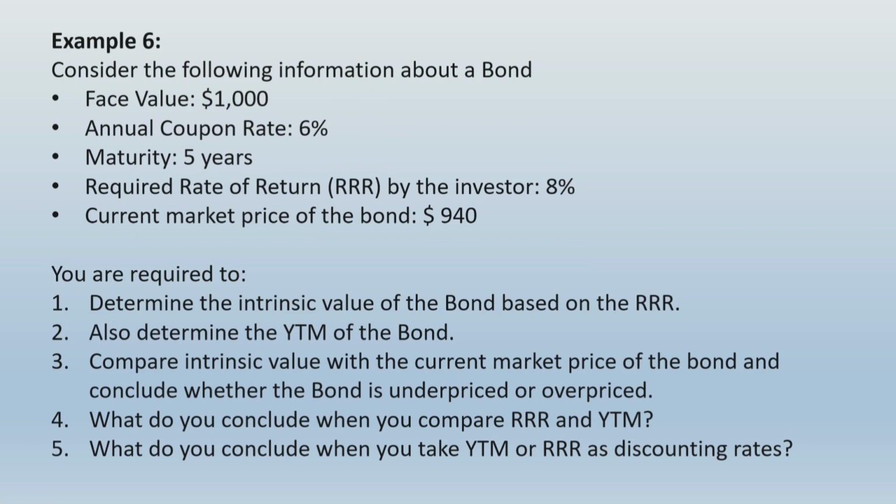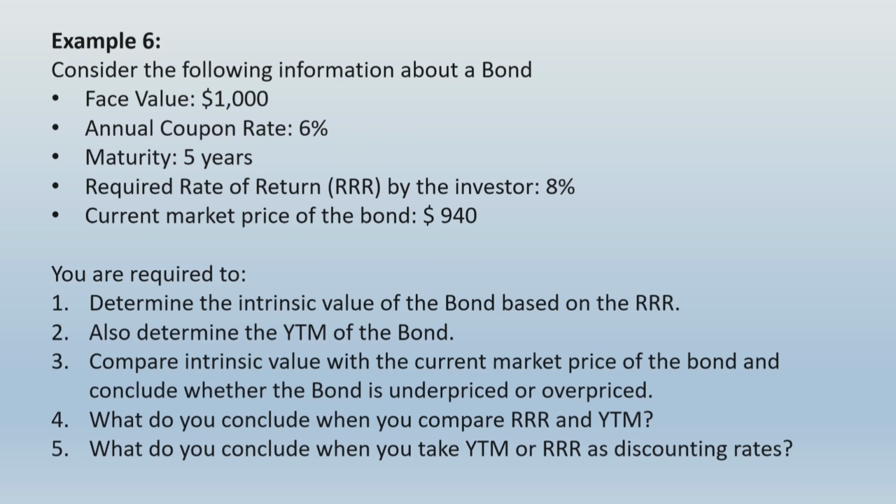You are required to determine the intrinsic value of the bond based on RRR, also determine the YTM of the bond, compare intrinsic value with the current market price of the bond and conclude whether the bond is underpriced or overpriced. What do you conclude when you compare RRR and YTM?